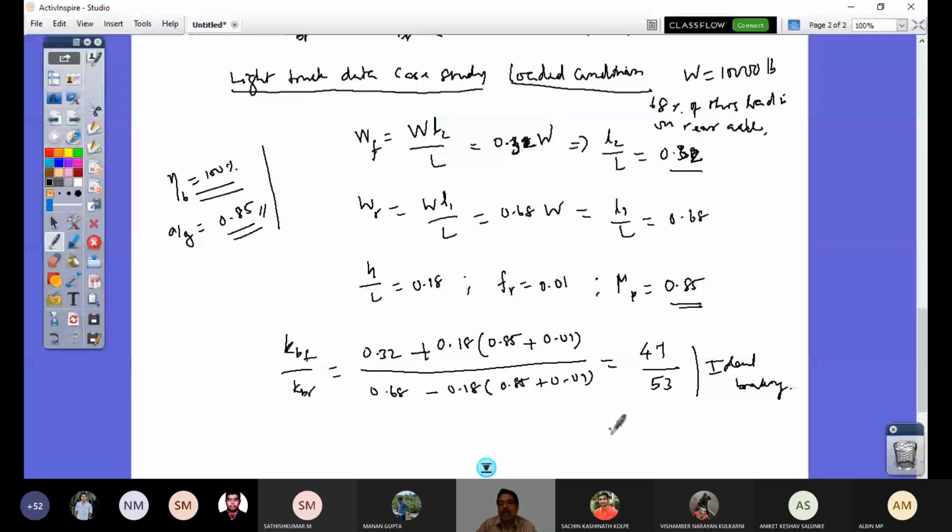If my proportion here is not 47%, say it is 50, 50%, what would happen to my vehicle? Or it is 40, 60, what would happen to my vehicle? Or it is 60 in the front axle, 40 in the rear axle distribution, what would happen to my vehicle? Can anyone answer? Sir, both wheels will lock at the same time, sir.